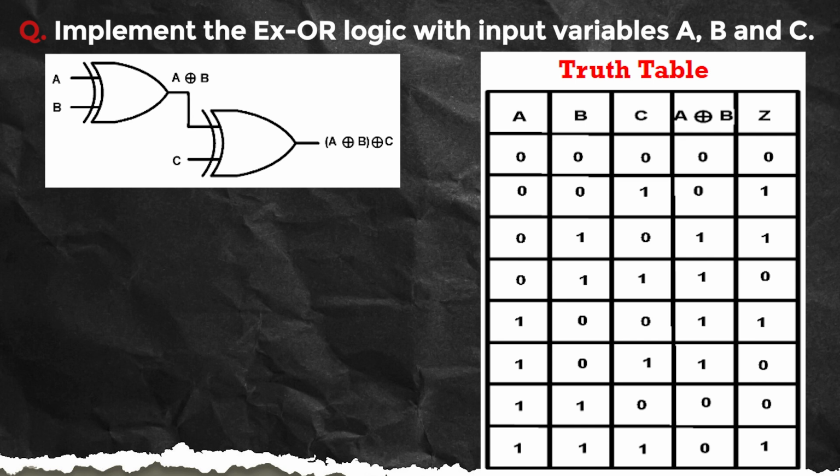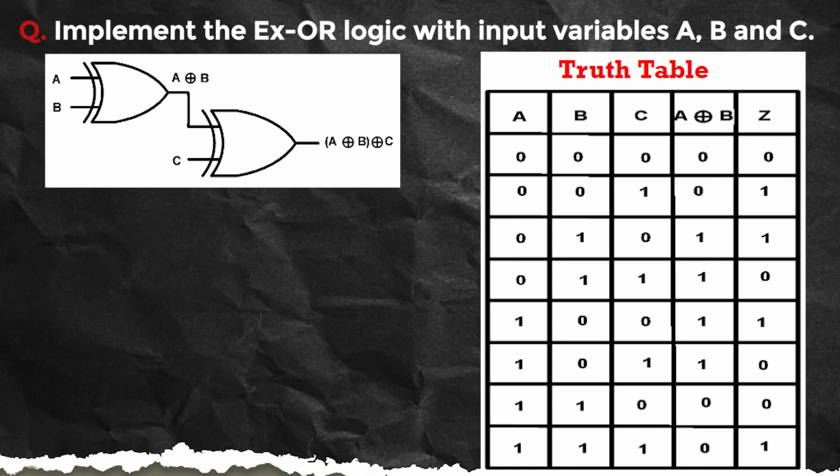When we make the truth table, if the number of input variables is 3, then the possible number of combinations is 2 raised to 3, that means there are 8 possible combinations. In the last column, denoted as Z, when all the inputs are 0, the output is 0.